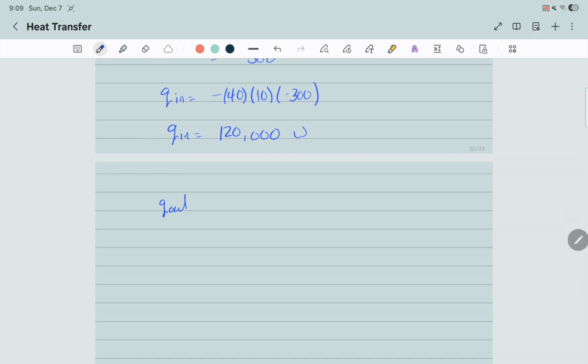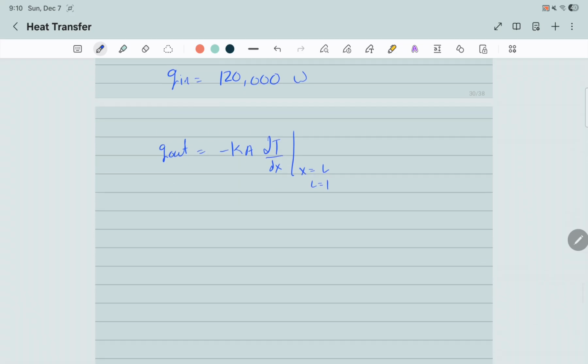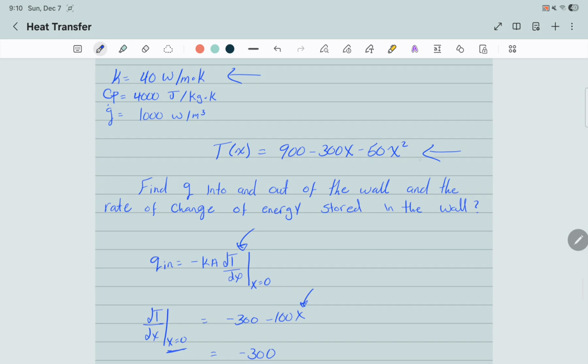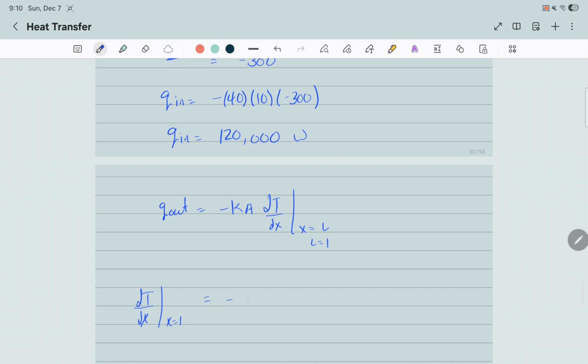Q out, same equation, conduction heat transfer, negative KA dT over dx at x equals L. L equals 1. So dT over dx at x equals 1 equals, again, the differential of this equation, which we found to be negative 300 minus 100x.